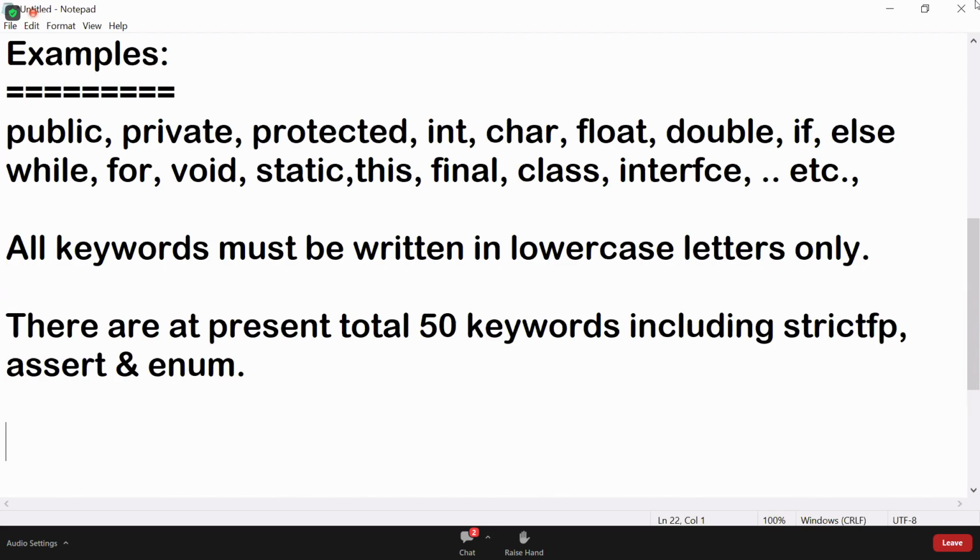That is the reason I am saying 50. Almost 60 to 65 keywords are there.